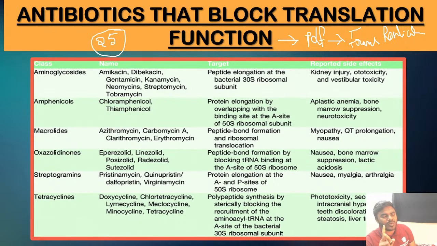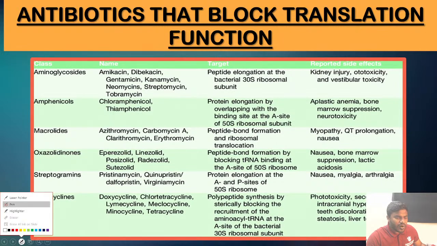Every student listen to me carefully. Compared to the antibiotics blocking replication, we should majorly study the antibiotics that are blocking translation in prokaryotes and eukaryotes, and those blocking especially transcription. Both you have to remember, transcription and translation. This chart is not at all sufficient, friends. It's just an overview.